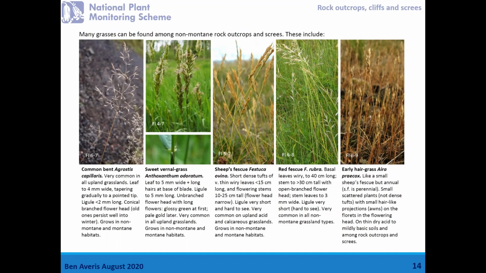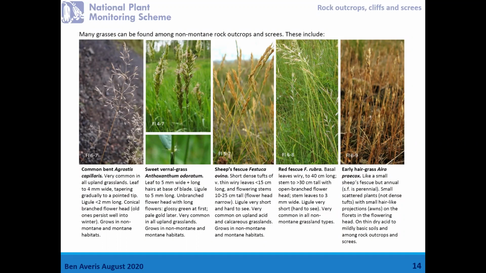Early hairgrass on the right is like a miniature version of sheep's fescue. It's a very small little thing. It's an annual, so it's a very little thing, and the leaves are very thin and wiry and pretty short. The thing comes up in the spring, so it can die back to that kind of goldeny color by the summer or late summer, depending on the particular weather conditions that year.